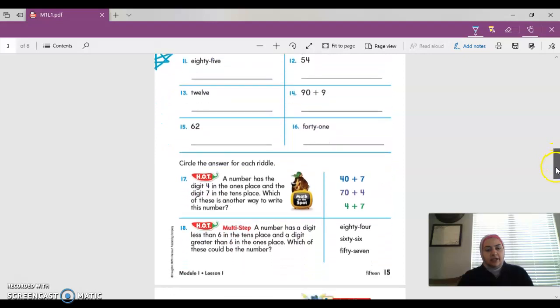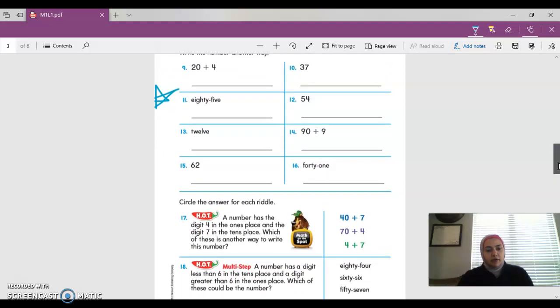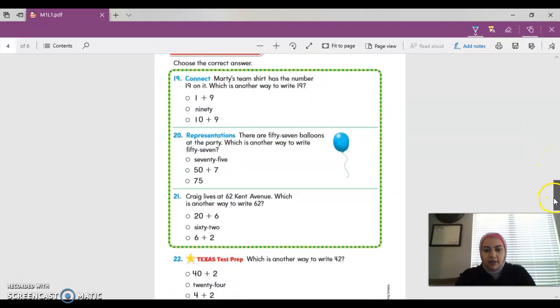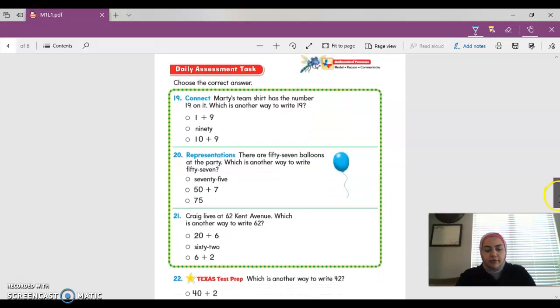This page I am grading. That's all you're going to do today, and then work a little bit on the My Diagnostics test if you haven't done that already on Education Galaxy. So today's Thursday, we are not going on to number 19, 20, 21, or page 16. We will start this one on Friday.